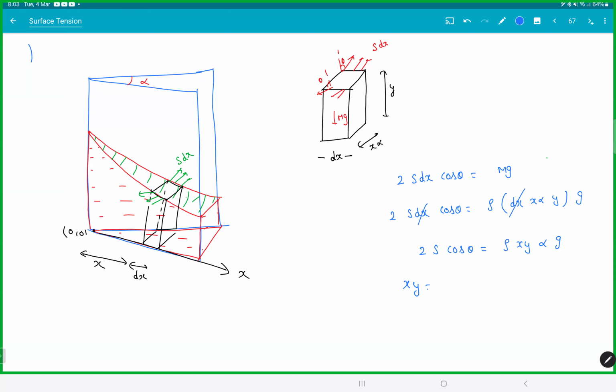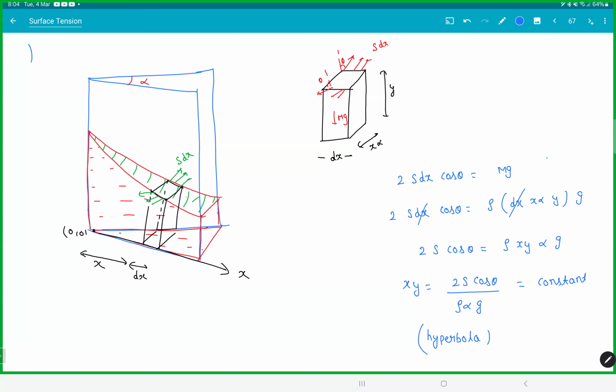So we get xy is 2S cos theta by rho alpha g, which is actually constant. S is constant, theta is constant, rho is constant, alpha is constant, g is constant. What is this? A hyperbola. xy is constant, like PV is equal to constant. It looks like a hyperbola.